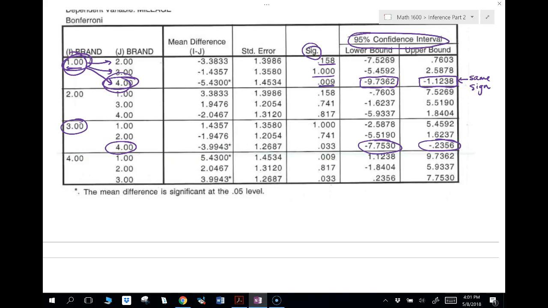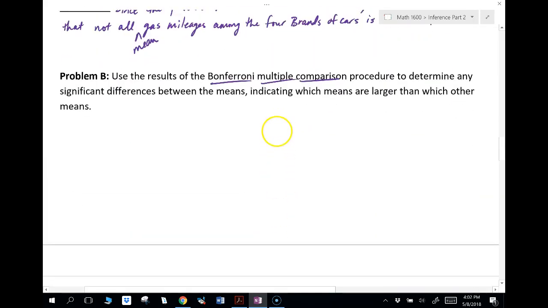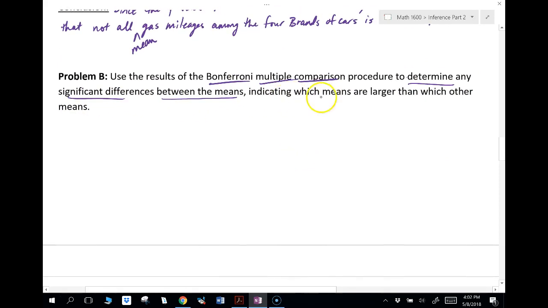Taking pictures of my computer is weird. So, determine any significant differences between means, indicating which means are larger than which other means. If it says larger, we're really looking for two positives.